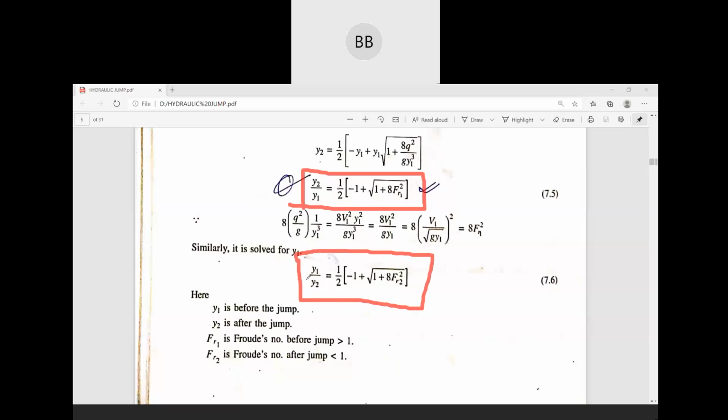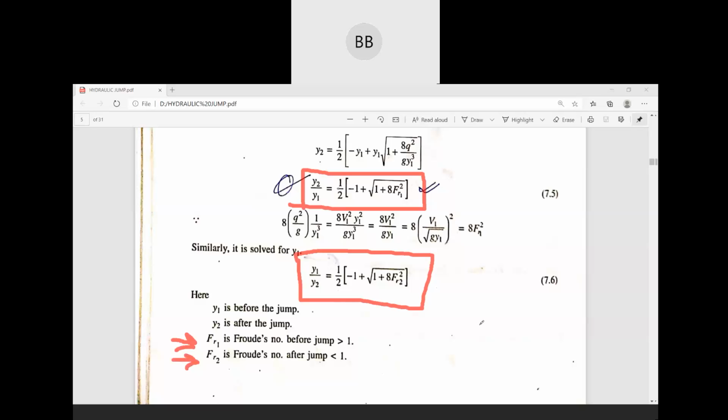If in the numerator we have y2, then there will be Fr2. So Fr1 and Fr2: Fr1 is the Froude number for the y1 value, or you can say before the jump. Fr2 is the Froude number after the jump.